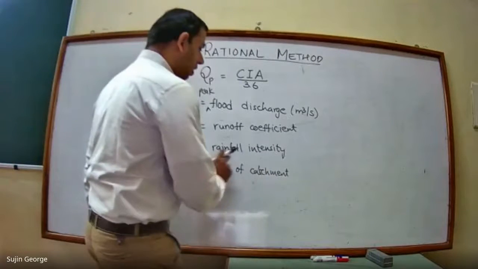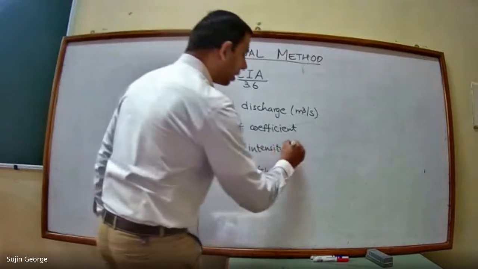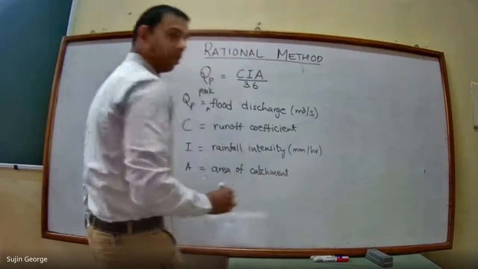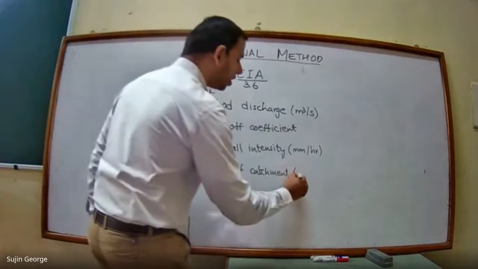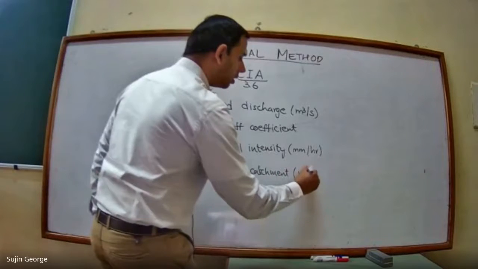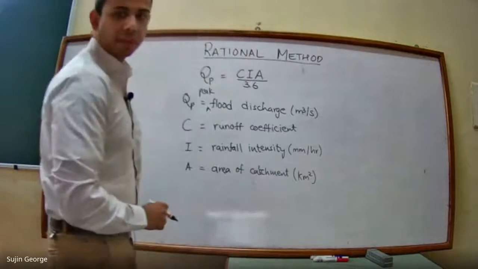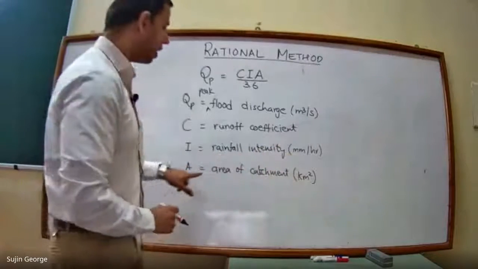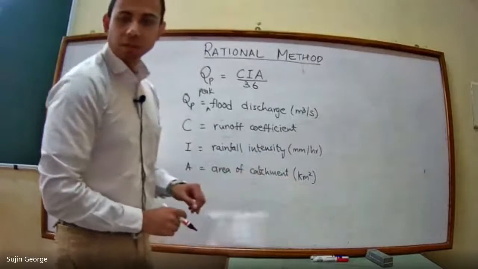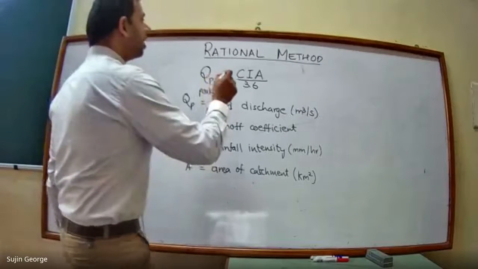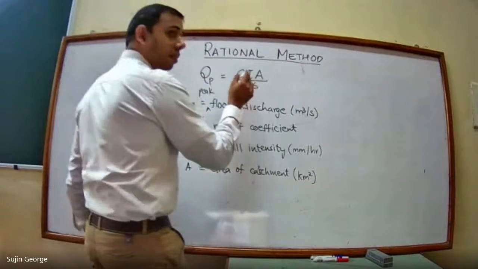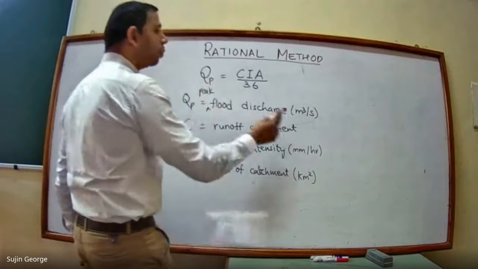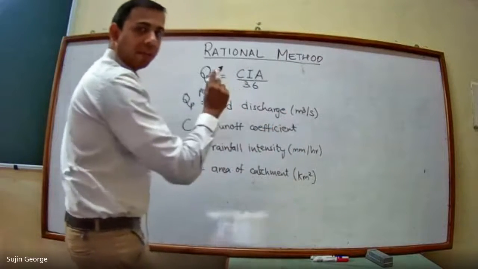Now, when you put the rainfall intensity in mm per hour and area of catchment in square kilometer, then when you apply this I and A in this formula, you will get the value of QP in meter cube per second.